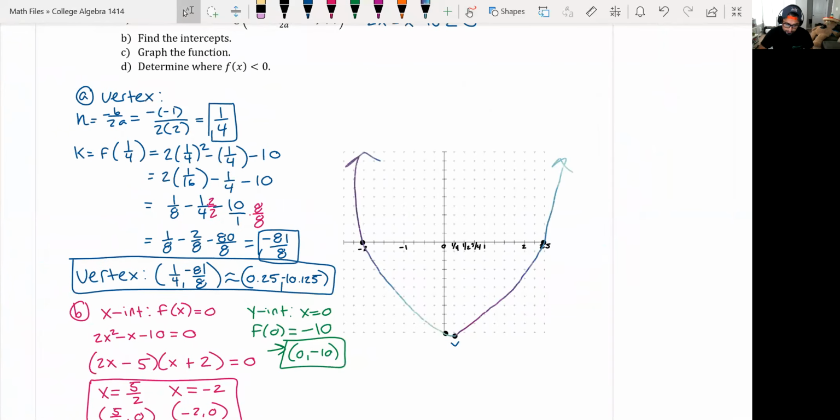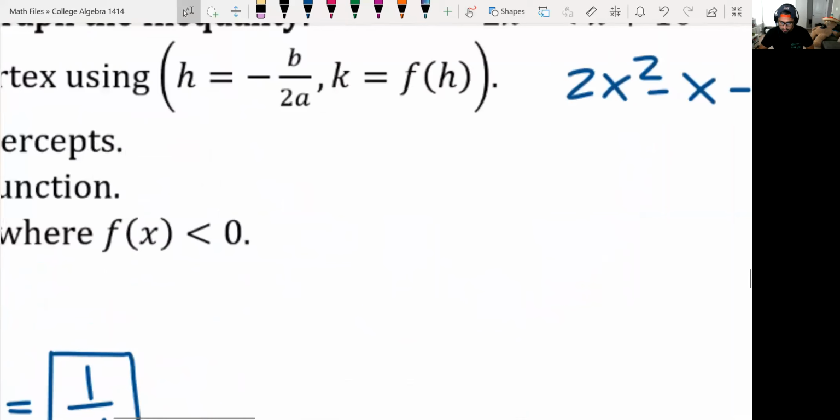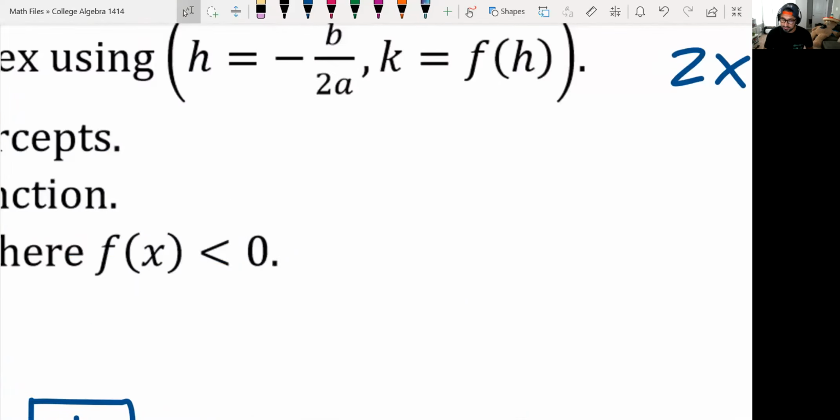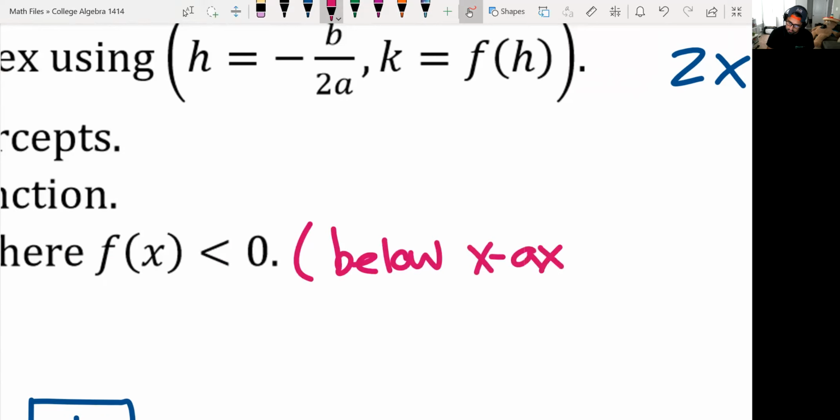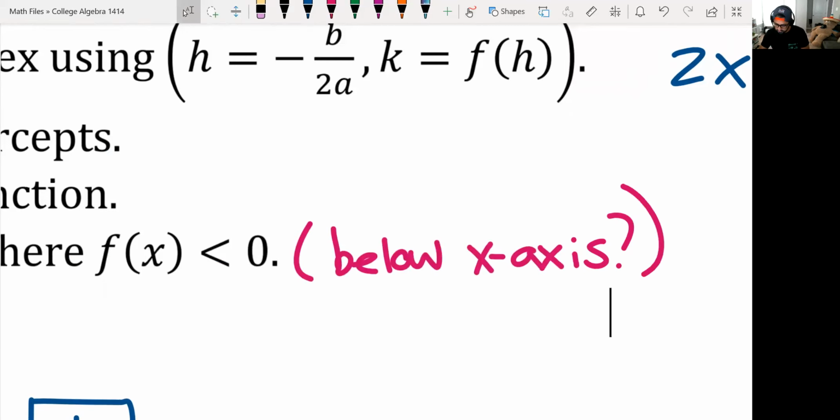Which is, where are my y values less than 0? So again, where are we below the x-axis? So f of x less than 0.